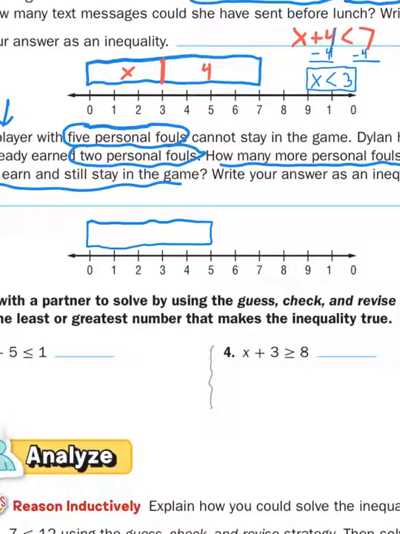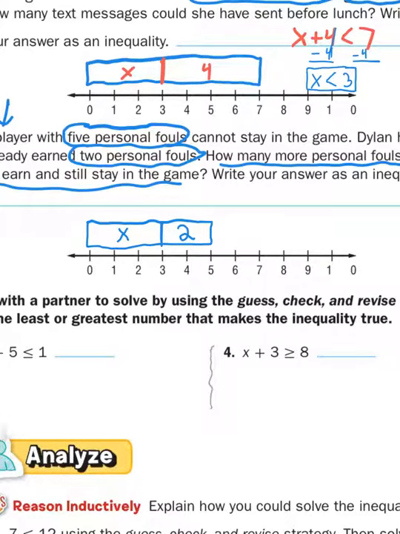All right, now we know he already has 2 fouls. So we're going to count down from the right. So we're going to count down here, 1, 2. So we're going to put a mark right there at the 3. This represents the 2 he already has. And the question says, how many more could he still have and stay in the game? So that's going to be everything over here.